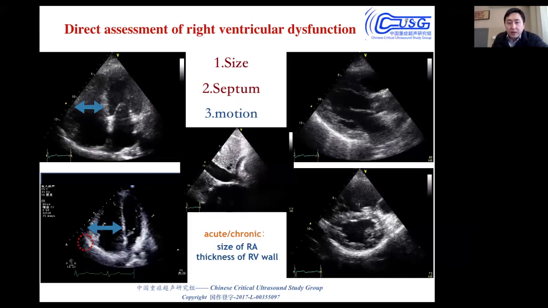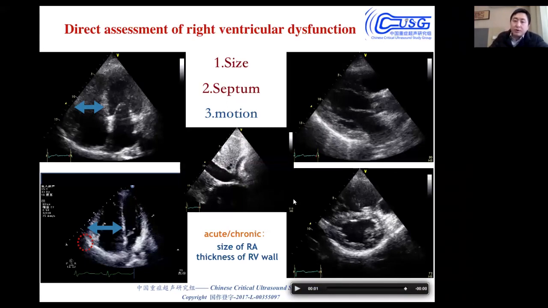to know if the right ventricle is dysfunctional, and we assess the septum to confirm that the right ventricle is dysfunctional, and to know the extent and severity of the dysfunction. If the D sign is found, we'll know that the dysfunction is very, very severe.